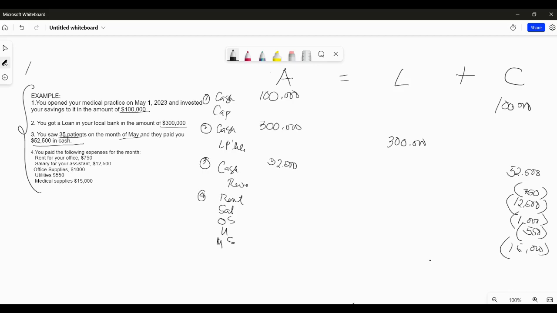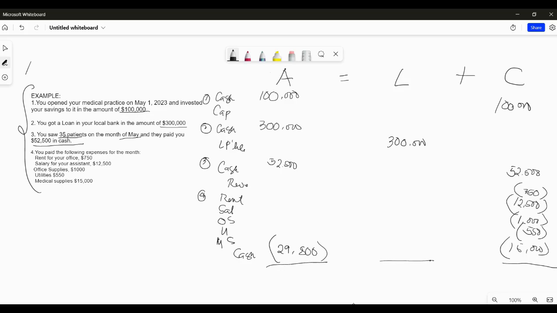So that is a total of 29,800. Since you paid that in cash, we will credit cash. It will be a deduction in your cash in the amount of 29,800.